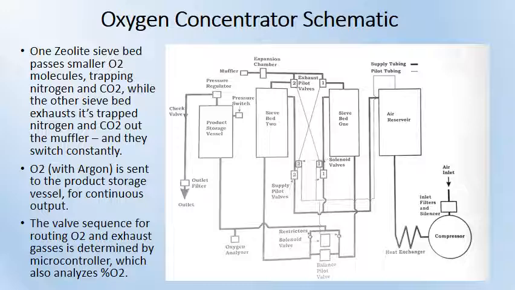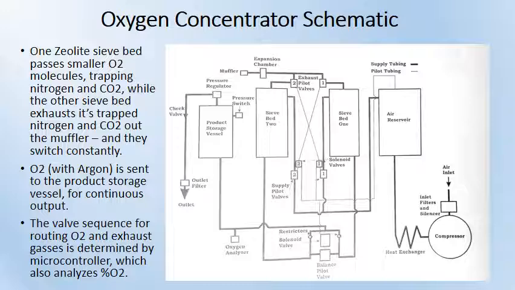Again, it goes into the four-way switching valve, but you also see that the exhaust valve connections are shown at the top, and you also see that the expansion chamber is part of the exhaust process, and so is the muffler.